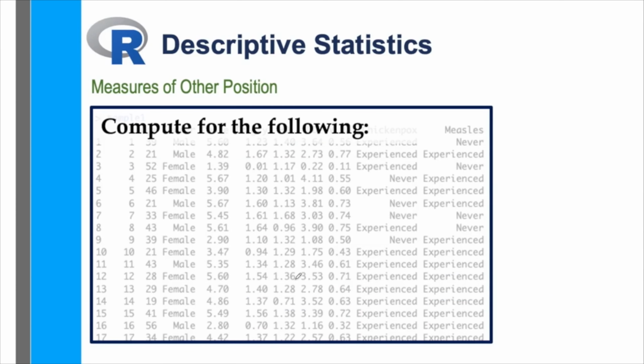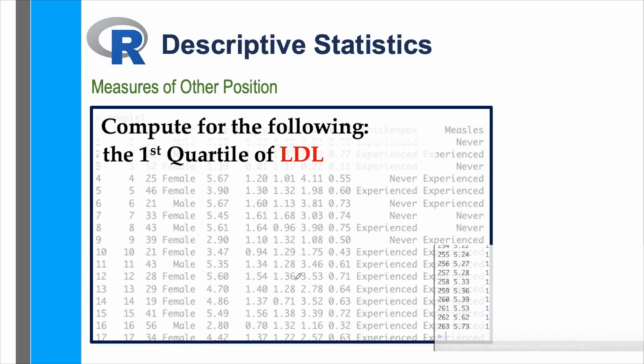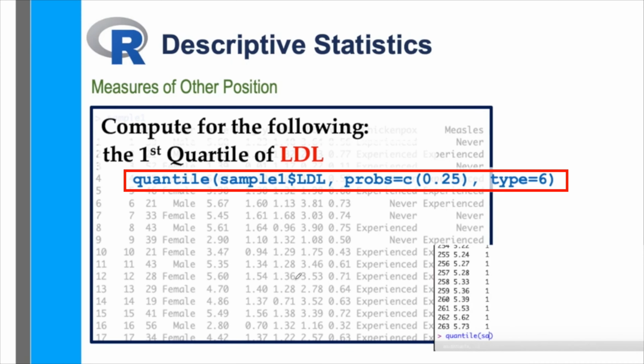Now, let's proceed to quantiles. Suppose you're asked to find the first quartile of LDL. All we have to do is to type quantile and then sample1$LDL and then probs equals c(0.25).